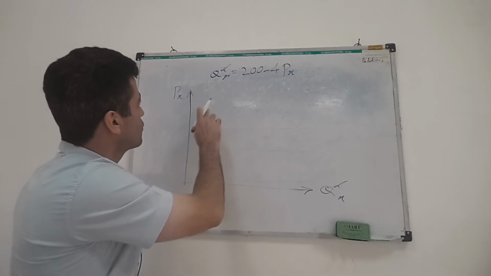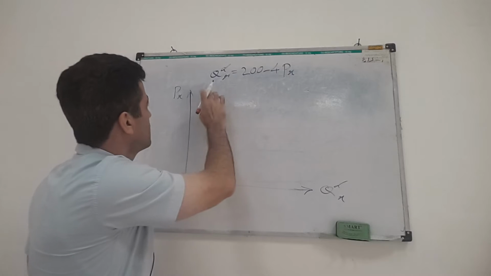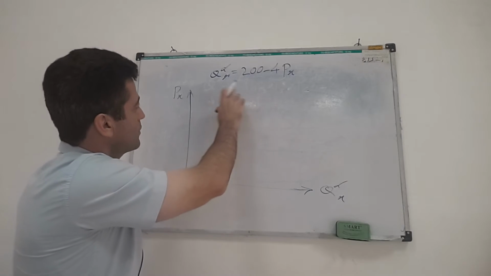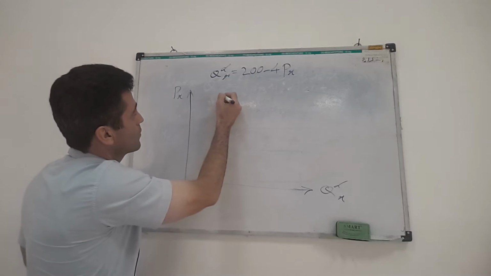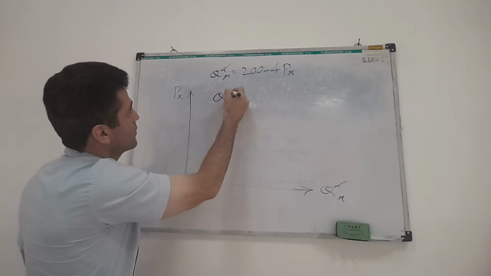Here, to find the x-axis intercept, we consider P equals 0.